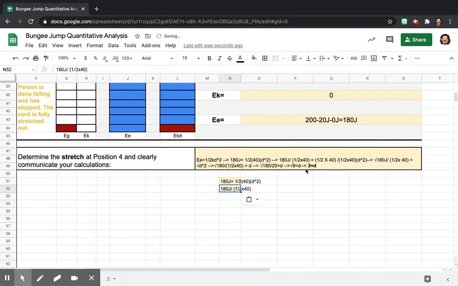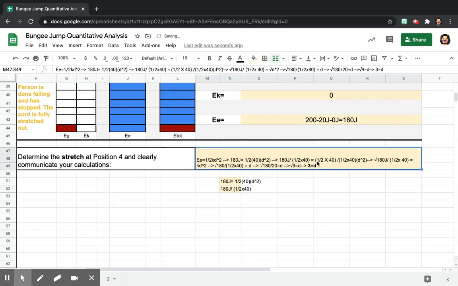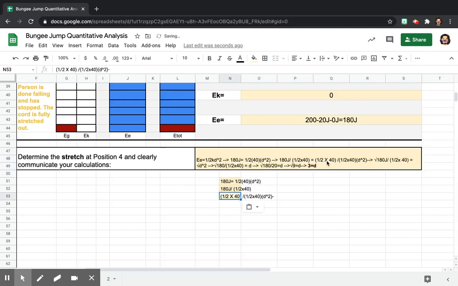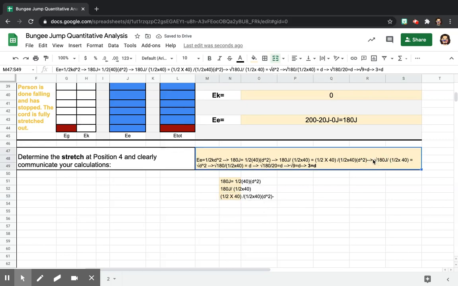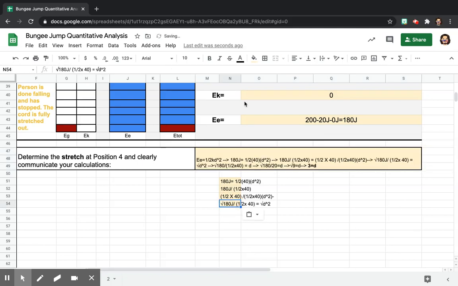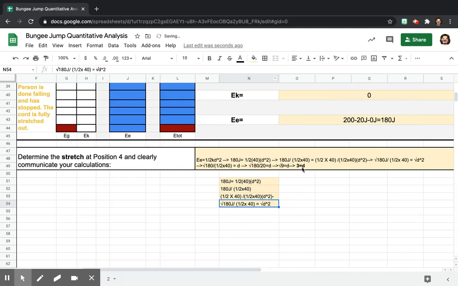Well, your teacher has the examples as well. Let's make this one. So I did all of the little steps just so it would be very clear.